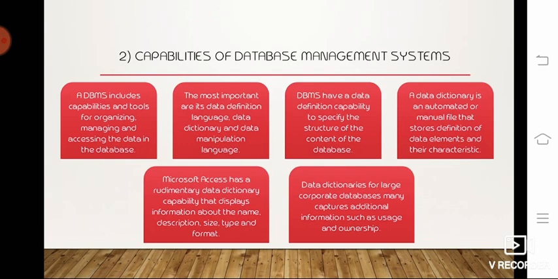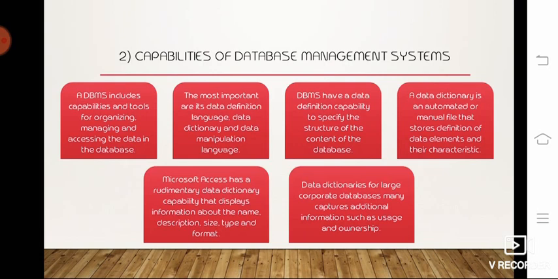Next, point 2: capabilities of a database management system. A DBMS includes capabilities and tools for organizing, managing, and accessing the data in the database. The most important are the data definition language, data dictionary, and data manipulation language. A DBMS has a data definition capability to specify the structure of the content of the database.